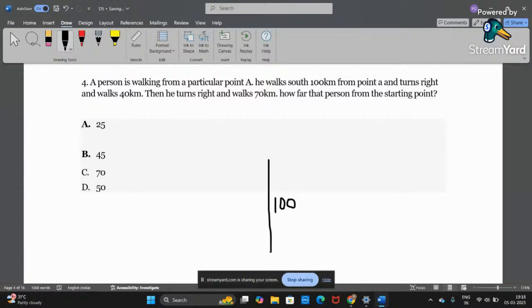Right means west side, right? And walks 40. Then he turns right and walks 70. How far is that person from the starting point?